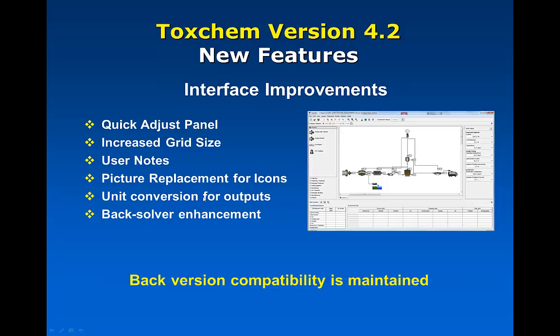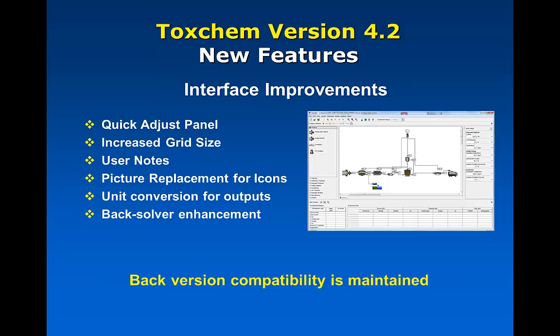Also, we have added the feature of unit conversion for outputs. This was a bit of a pain for some people because the outputs were coming out in a certain format, and when you wanted to convert those outputs into different units, there was no way to do that in 4.1, so we added this feature.